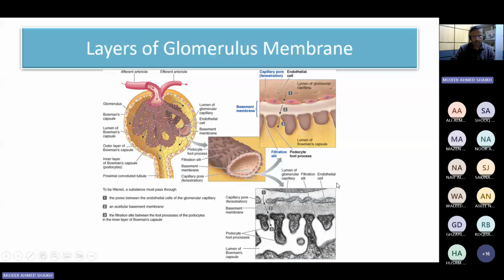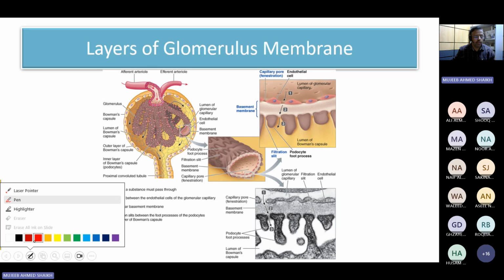Can you see the PowerPoint now? Yes, doctor. Sorry for this discrepancy, maybe internet speed or my computer, I don't know.